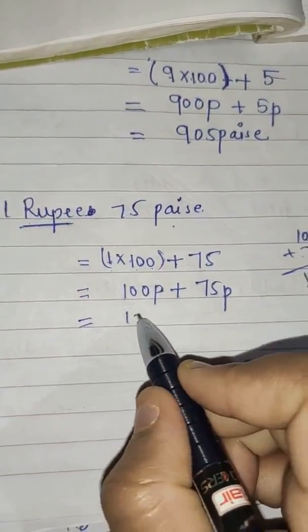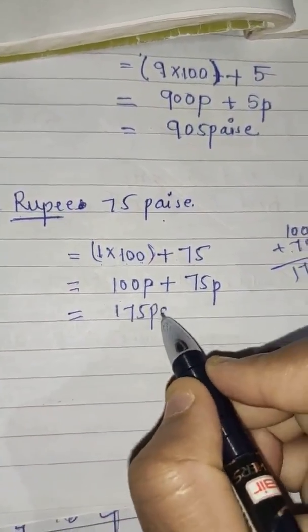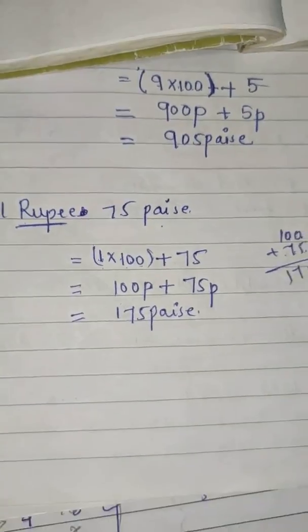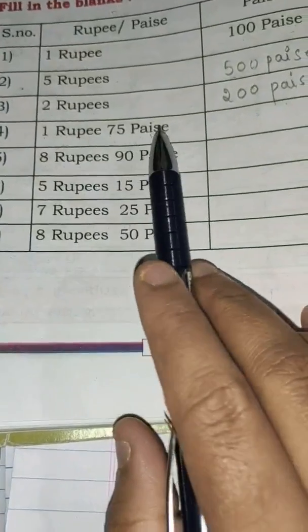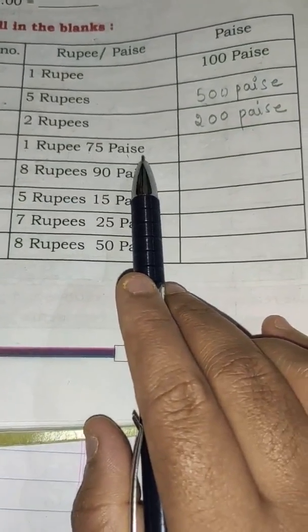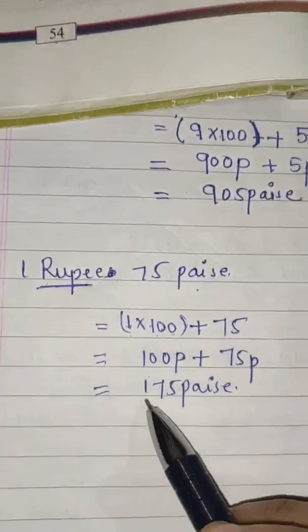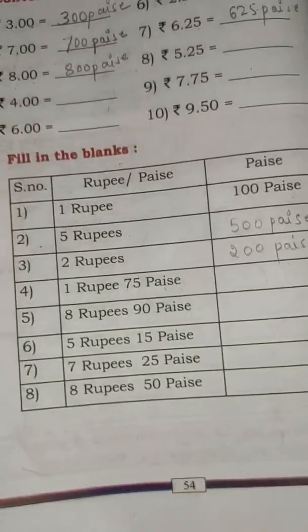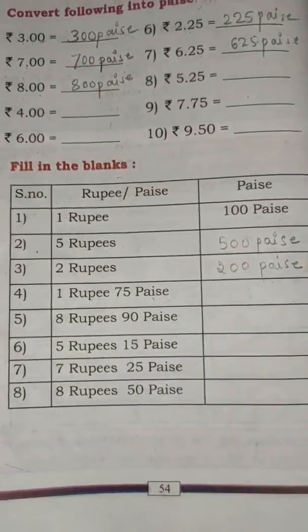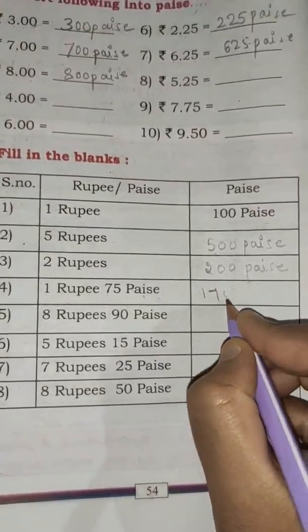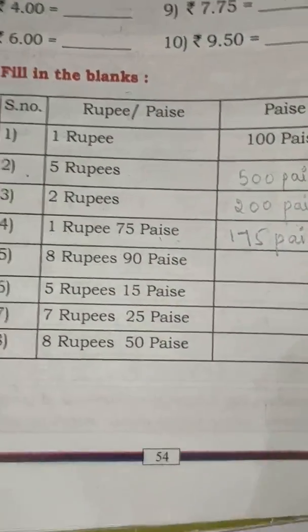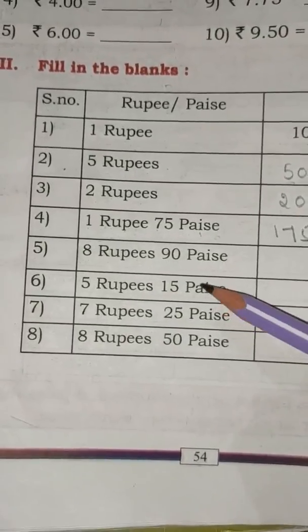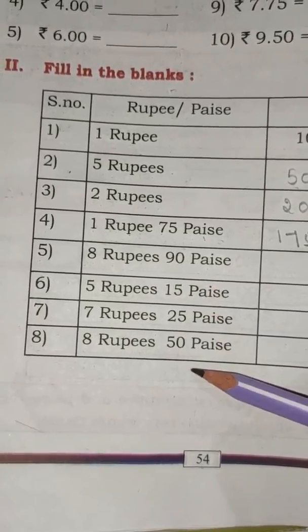So 175 paise. Understood, children? So here 1 rupee 75 paise is equal to how many paise? 175 paise. So in the same way, children, you try to solve the remaining by yourself. Okay.